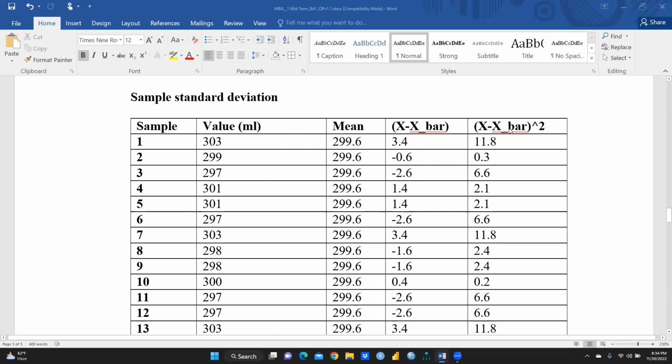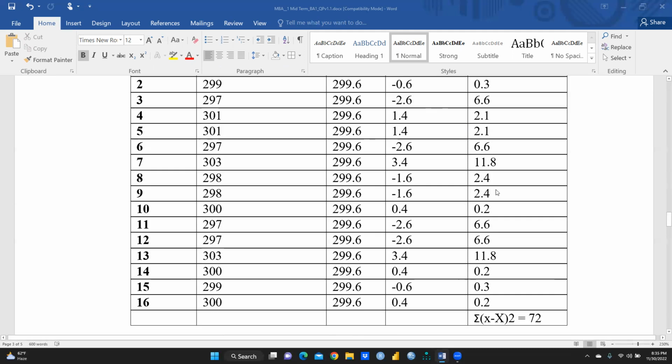After that, what we have to do is x minus x bar whole square. 3.4 multiplied by 3.4, you can see here 11.8. Minus 0.6 whole square is 0.3. 2.6 whole square is 6.6. 1.4 whole square is 2.1, and so on.